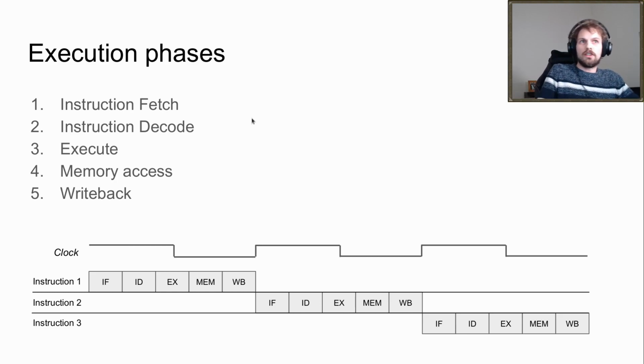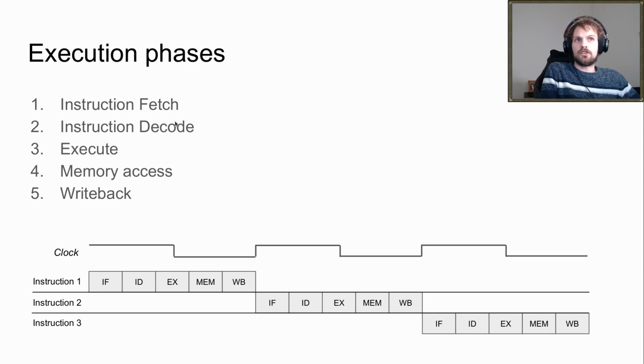Depending on which instruction it is, it might not need all phases, but in general you have a first phase where you fetch an instruction from memory. You get the value of the program counter, you look in your memory and you see what code is stored there. Or hopefully it's retrieved from the instruction cache a little bit faster. But in any case, you're fetching your instruction from cache or memory.